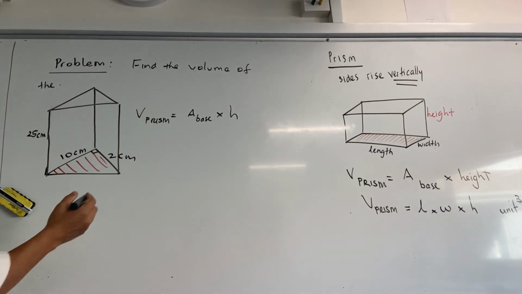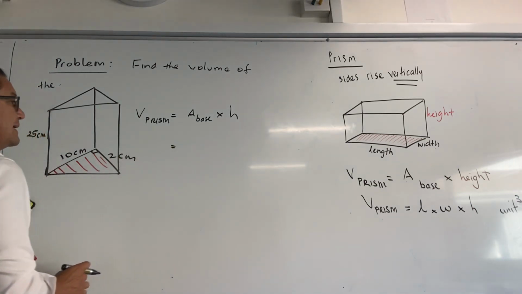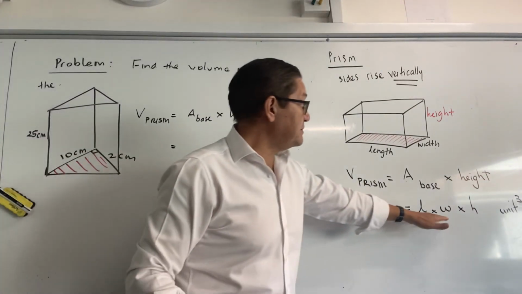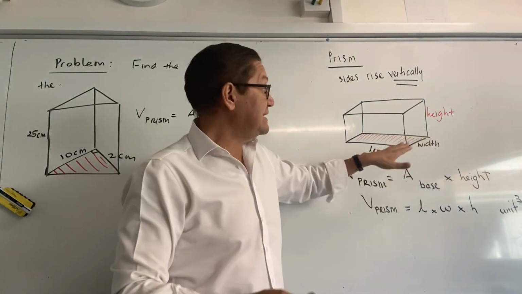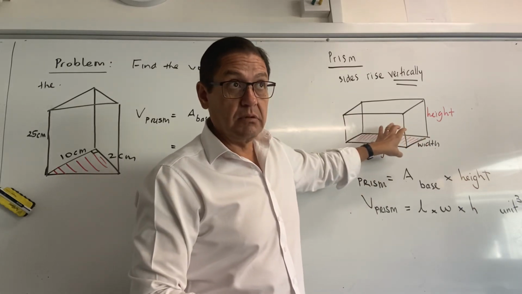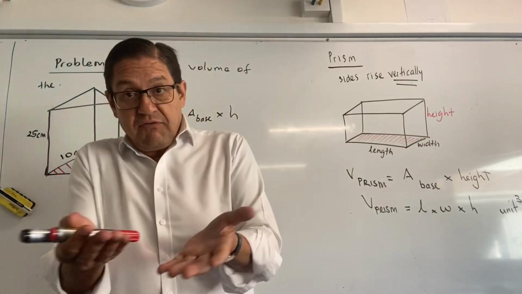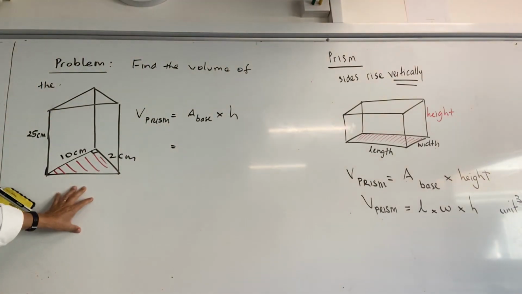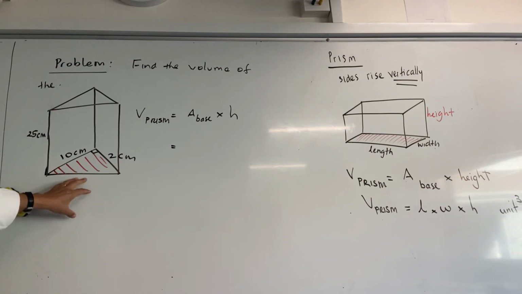Now, in this case here, it's not going to be length times width, is it? Because this was for a rectangle. The floor of the shape here is actually a triangle. So I have to find the area of this triangle.